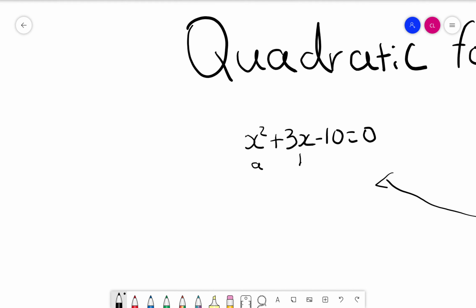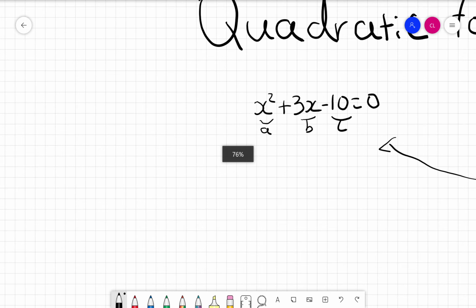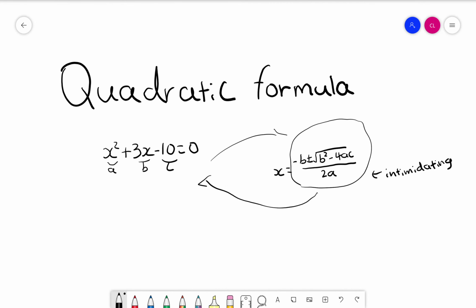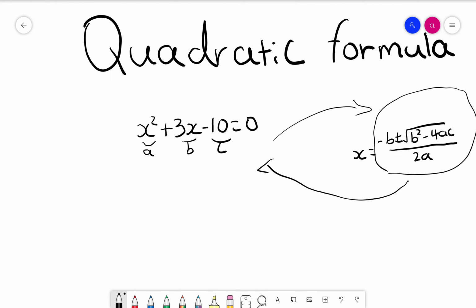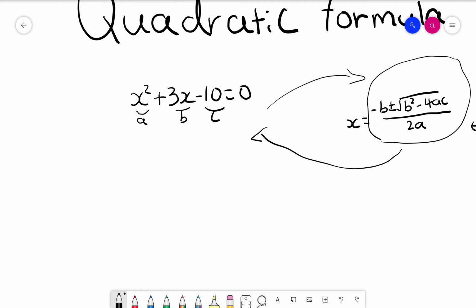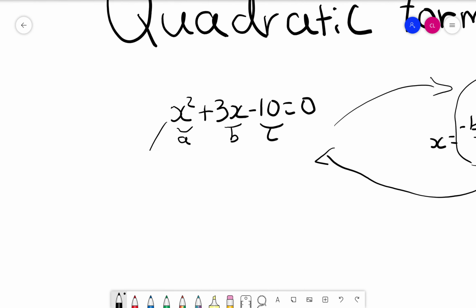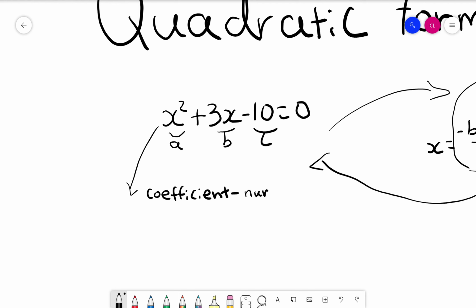So anyways, essentially, to apply this to that, we see a, b, and c. Now, we need to substitute that into here. Because we're solving for x, we simply ignore the pronumerals here, and we only take the coefficients, which is the number before the pronumeral.